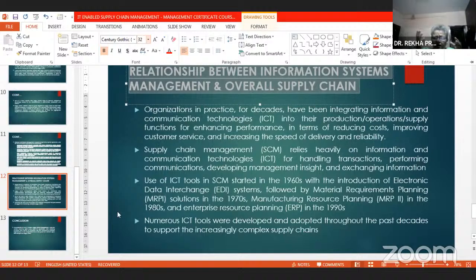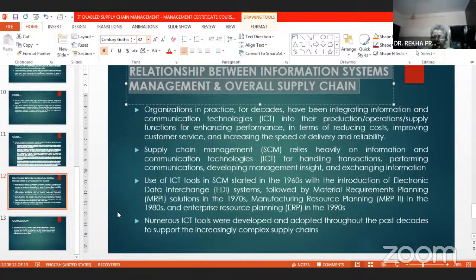Just like a natural organization works. Like in our body, there are so many organs, but they are working together for our well being. So similarly, things have moved from MRP1. Initially they were isolated, now they have been integrated.